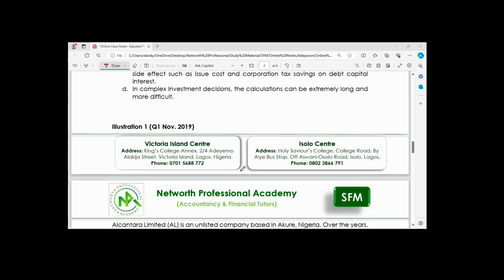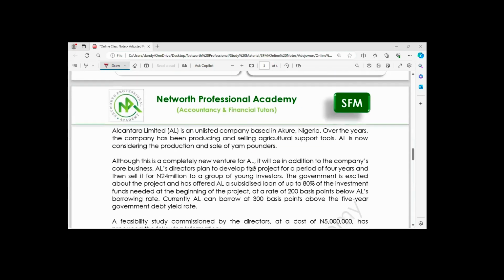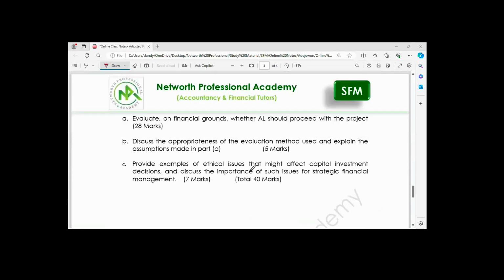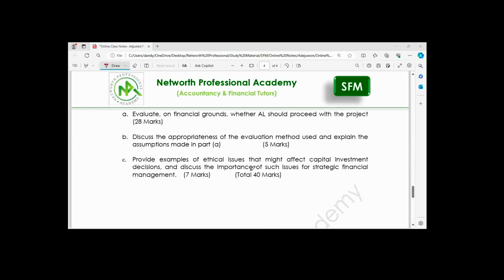So ever since then, we've been anticipating that ICAN will set APV again. But again, we don't know what is coming in this May diet. But that notwithstanding, whenever you are given a question like this, the first thing, as usual, is to go to the requirements. Go and identify the expectation of the examiner.